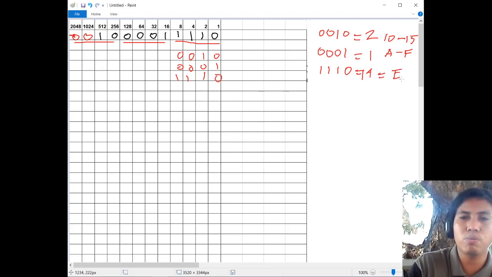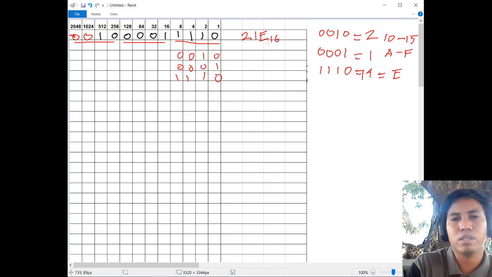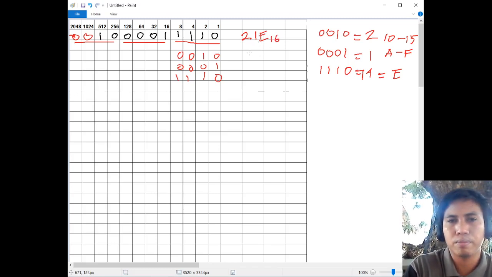So this would be E. Now, the value of that one would be 2, 1, E base 16. Okay? So, another example.